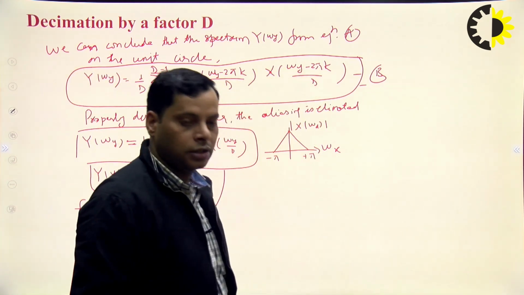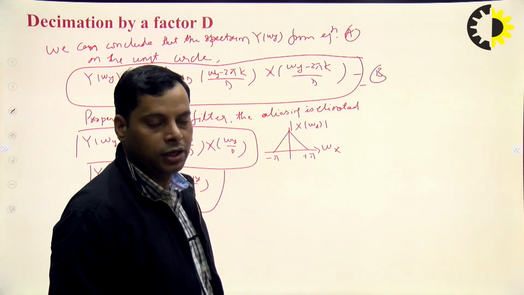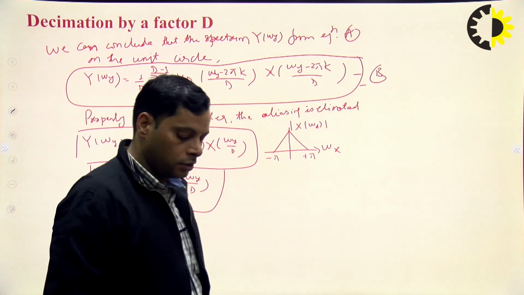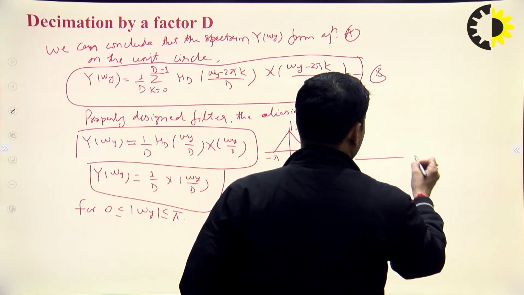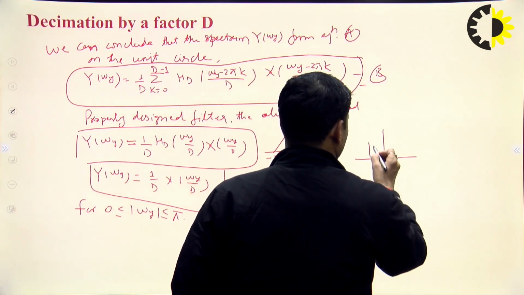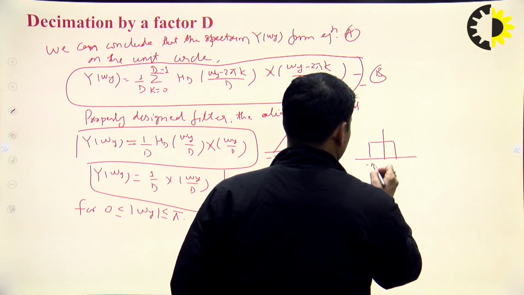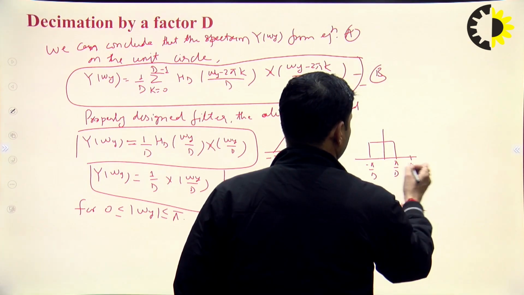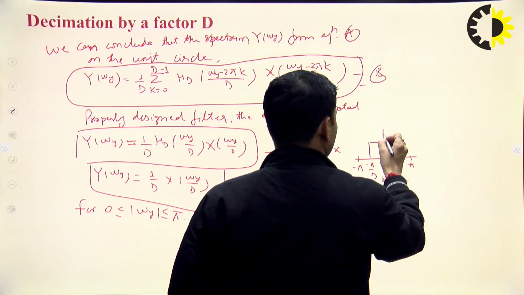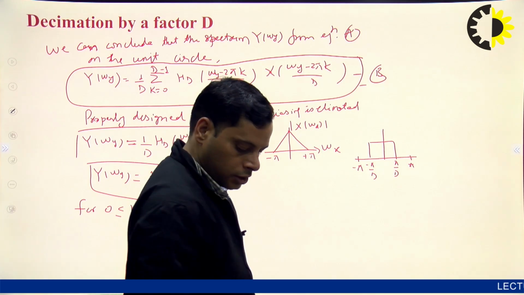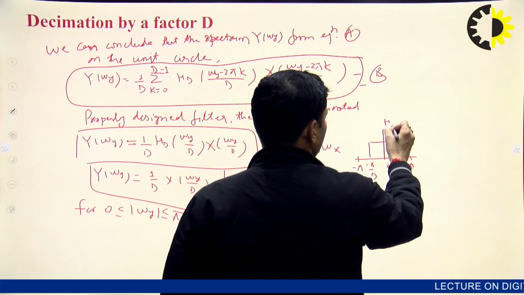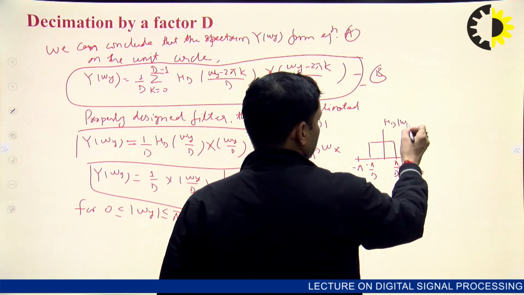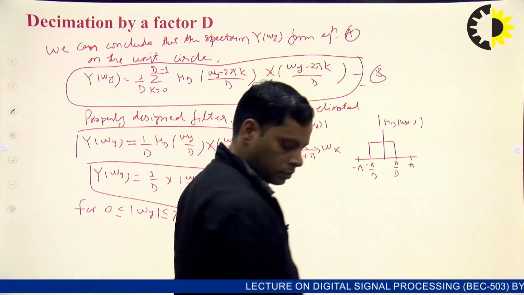We have considered that pre-designed filter case. In this case, let us say we select an impulse train like this, from minus pi by d to pi by d, this is from minus pi to pi. So, this is Hd of omega x.